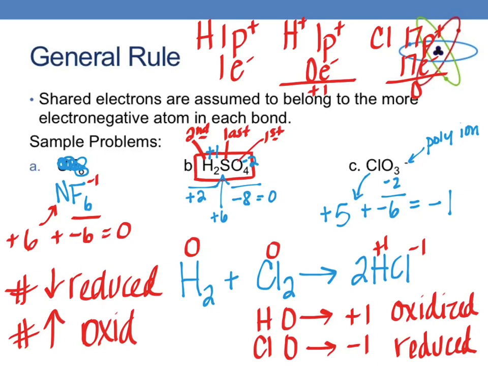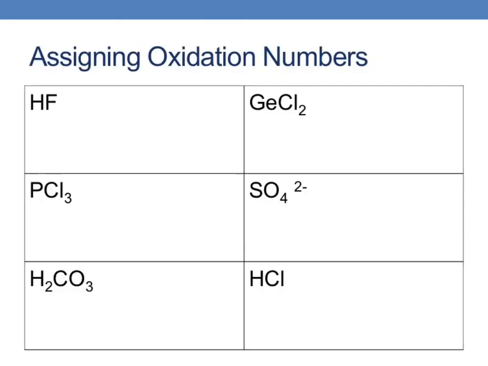When we have chlorine with a minus 1, we have 17 protons, but now we have 18 electrons for a charge of minus 1. So it gained an electron, so it is reduced. Okay? So it's counterintuitive. Take a moment now, go and work these.